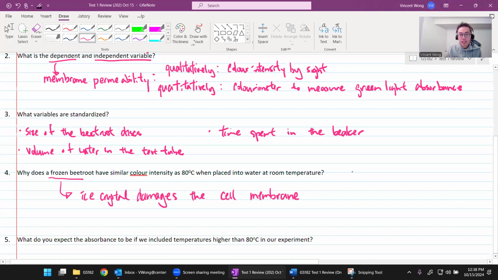So when you freeze it, the cell membrane of the plant is already full of holes because of the ice. So when you thaw it, it doesn't really matter that it wasn't heated before because it was already full of holes. So all the pigment is gonna leak out. Right? So that's why you're gonna see a very intense color, so intense that it's similar to 80 degrees.